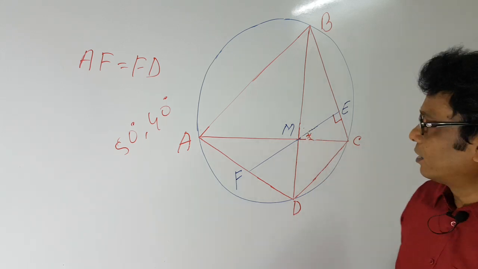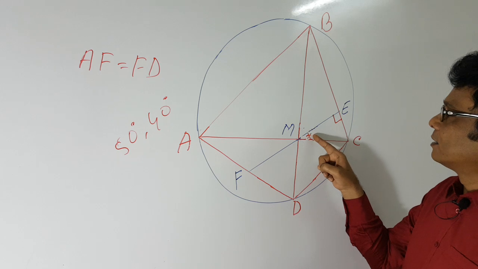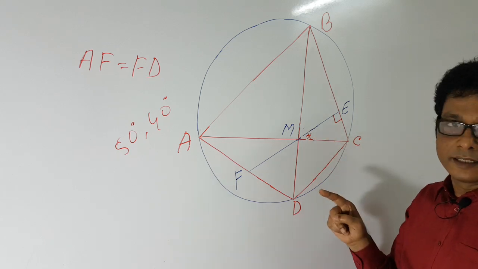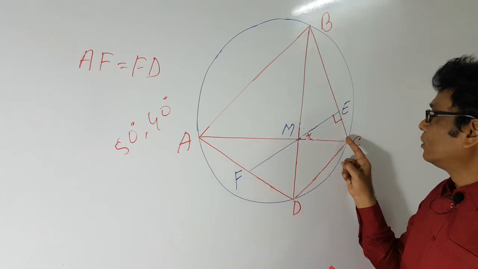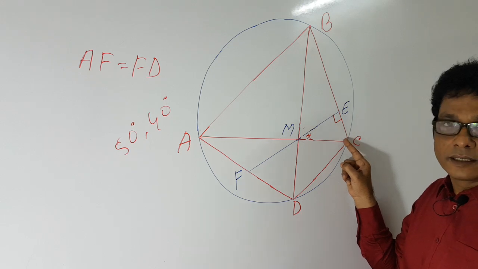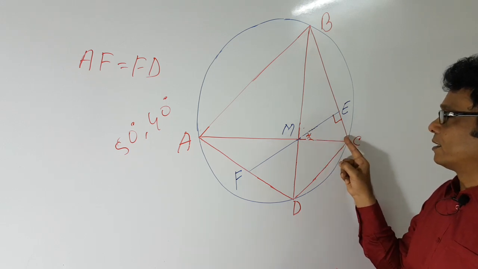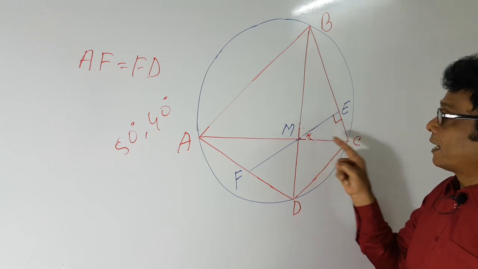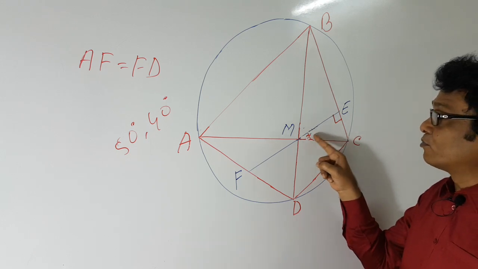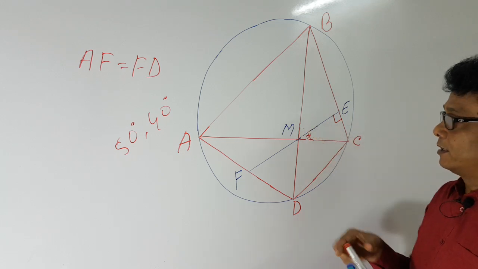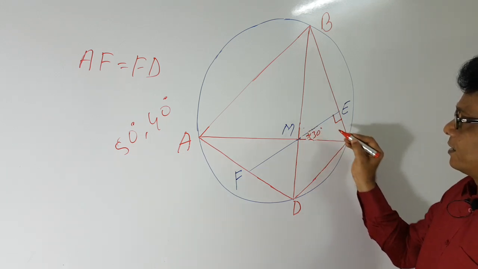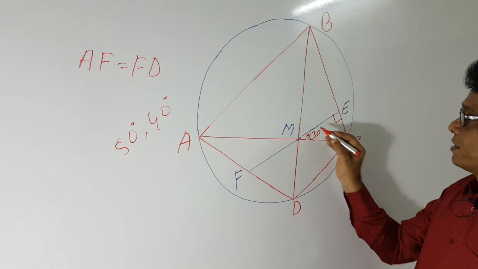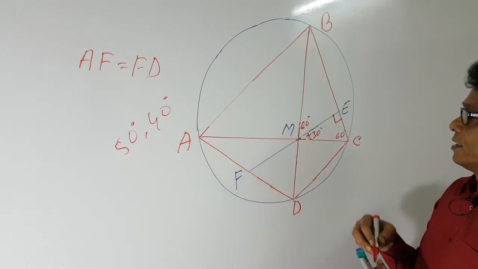I set an example. Say this is 30 degrees, so this is 60 degrees because they are complementary angles. If this is 30 degrees, this is 60 degrees.